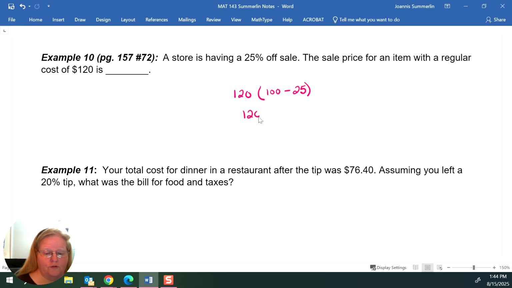So that's 120 times the 75%. That's why I put the 0.75, because I changed it from a percent to a decimal. Because you know you can't put percents into your calculator. And what do you get? $90.